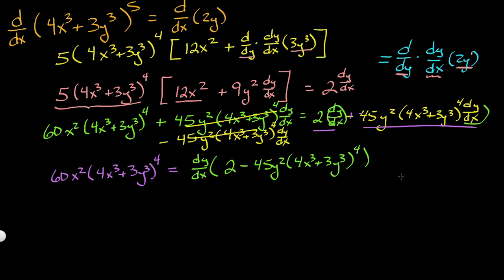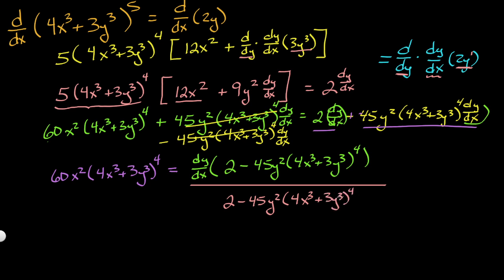So now I'll just divide both sides by 2 minus 45y squared times the quantity of 4x cubed plus 3y cubed raised to the fourth, all divided by 2 minus 45y squared times the quantity of 4x cubed plus 3y cubed, all raised to the fourth.